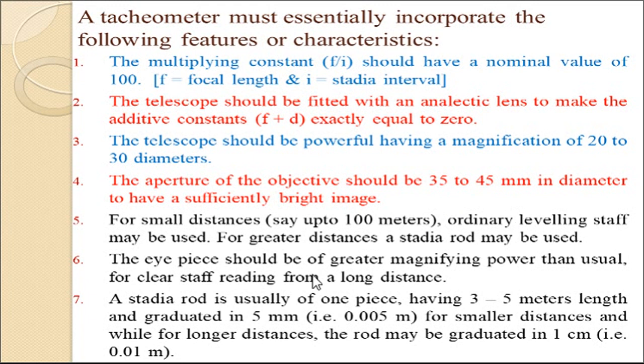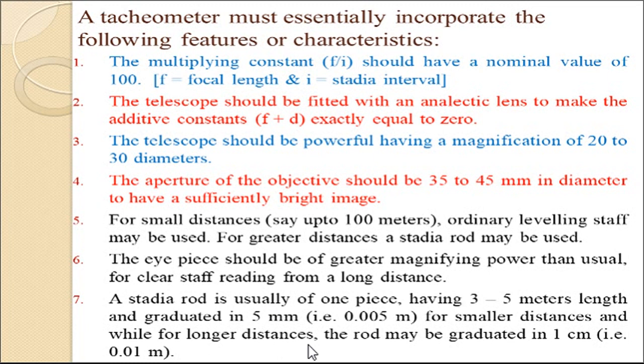Now for small distances, up to 100 meters, an ordinary leveling staff may be used, and for greater distances, a stadia rod may be used. The eyepiece should have greater magnifying power than usual for clear staff reading from long distances.